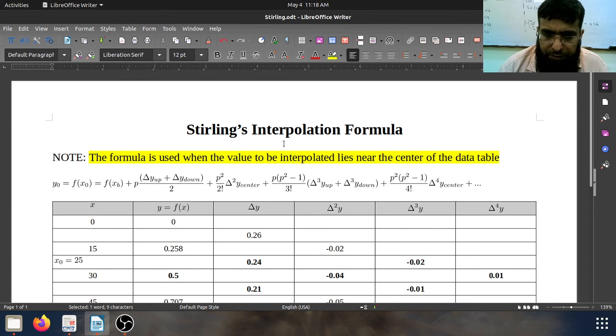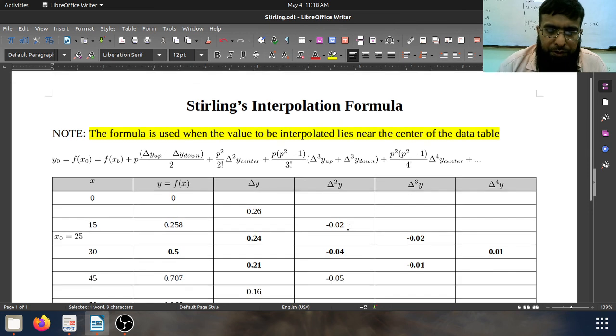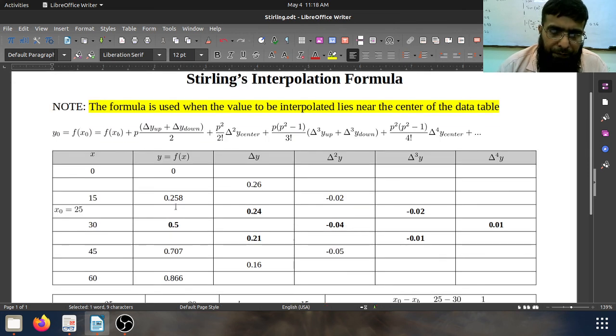So this is a pretty wonderful method to interpolate values for any y, given that the x or the y lie near the center of the table.